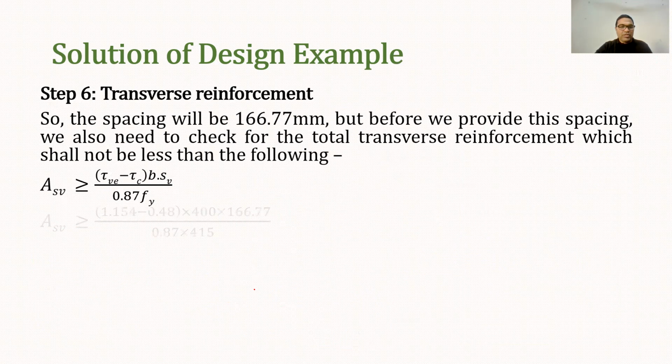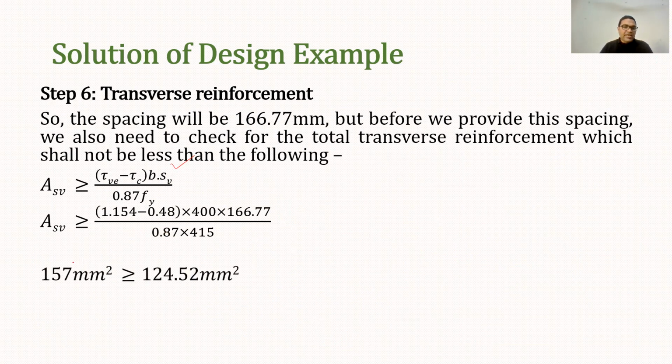So now putting all the values here on the RHS of the equation, ASV is already provided as 157 and the required value of ASV is 124. So as you can see, required value is less than the provided value. We can say that the amount of transverse reinforcement is sufficient. So we say that this is safe.